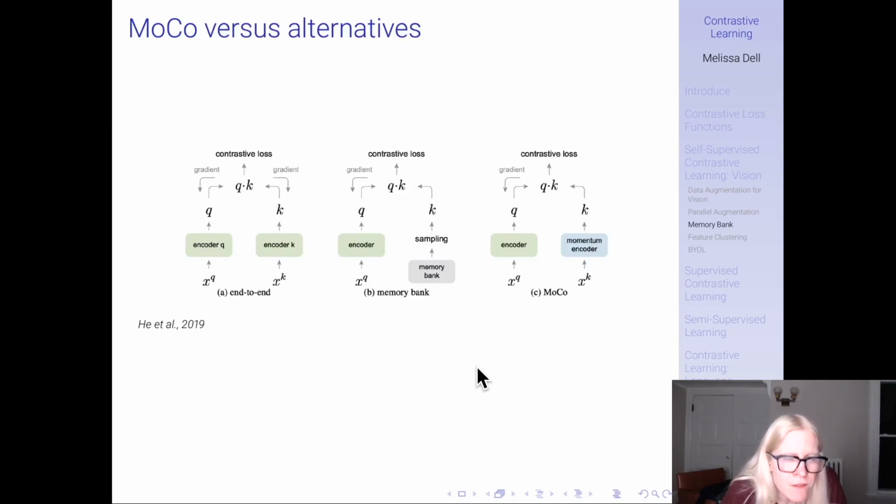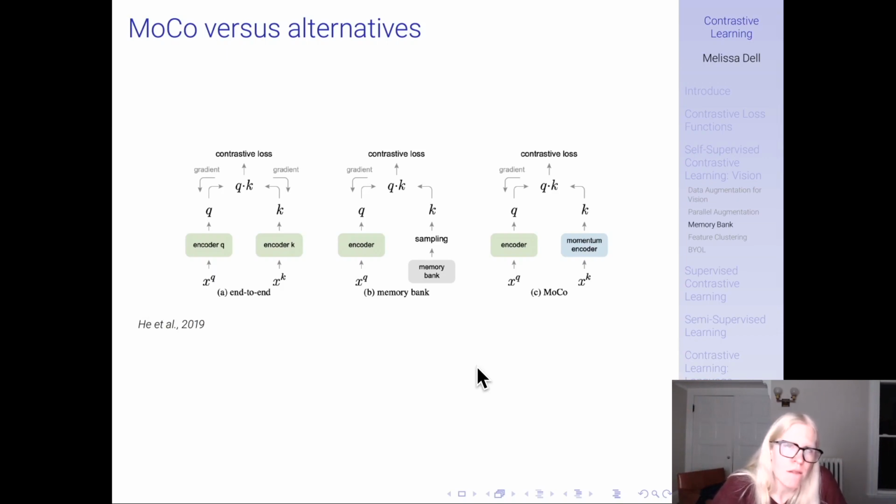Here's a comparison from the paper to the alternatives, which I feel is quite helpful. So what they call the end-to-end model, that's like SimCLR, where you have encoders on both sides. And this is very, very costly with large batches because first of all, you have to push the instance through this huge model, and then you have to propagate the gradients back again through this huge, deep model.